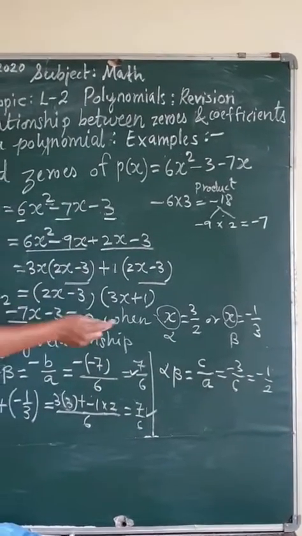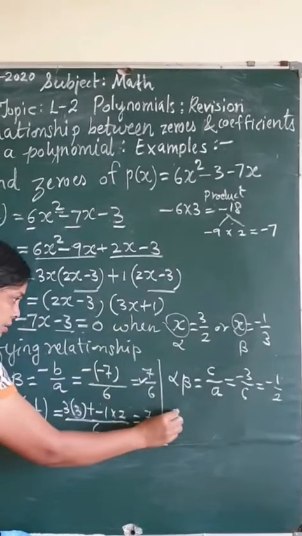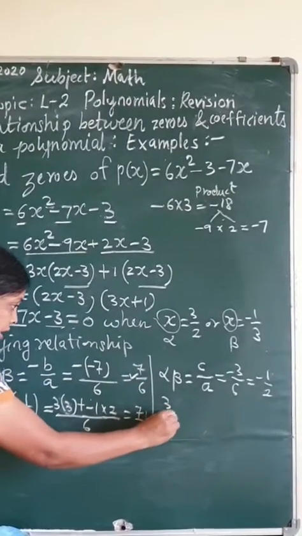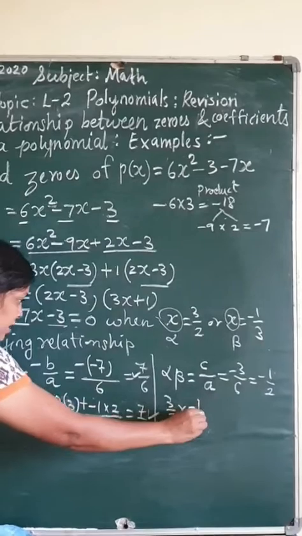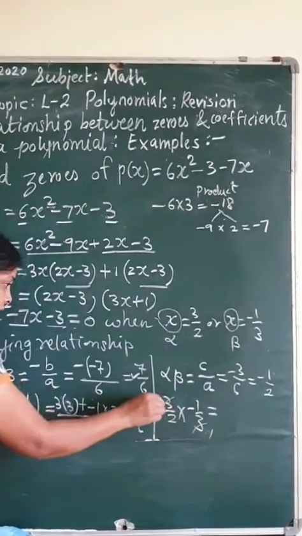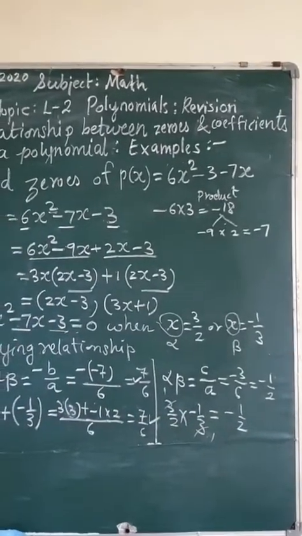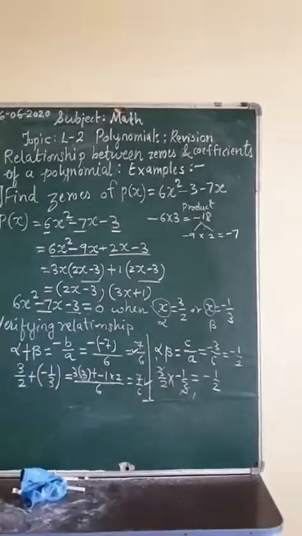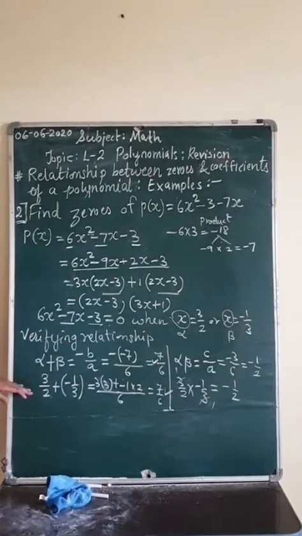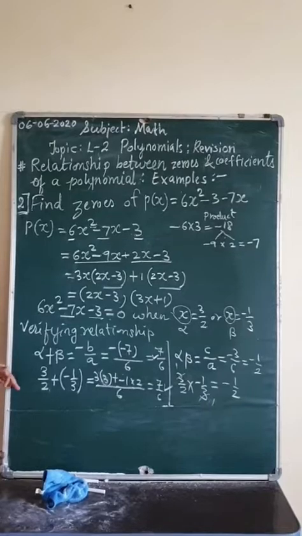Let's see by actually multiplying zeros, that is here alpha is 3 upon 2 into minus 1 upon 3. And then cancel this 3 with 3. So finally we get 1 upon 2. It means here we have verified how the zeros of polynomials are related to the coefficients of the polynomial.